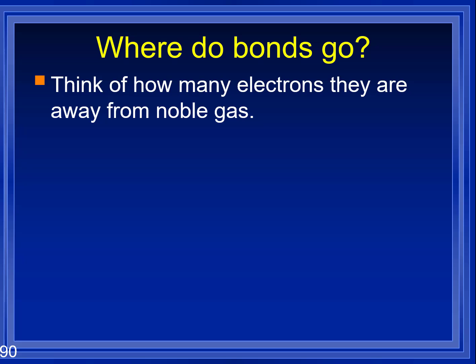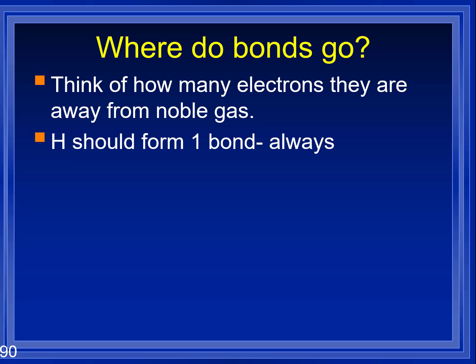So instead of thinking about how many valence electrons it has, think about how short it is from being full. That will tell you how many bonds should be the default choice for this atom. Now this isn't a guarantee, but it should be our default choice. Well, actually one of them is a guarantee.